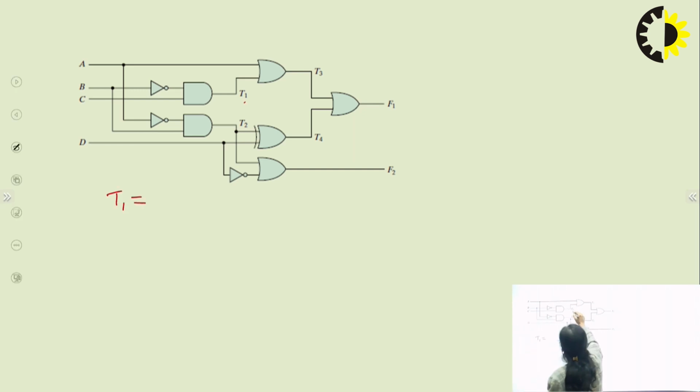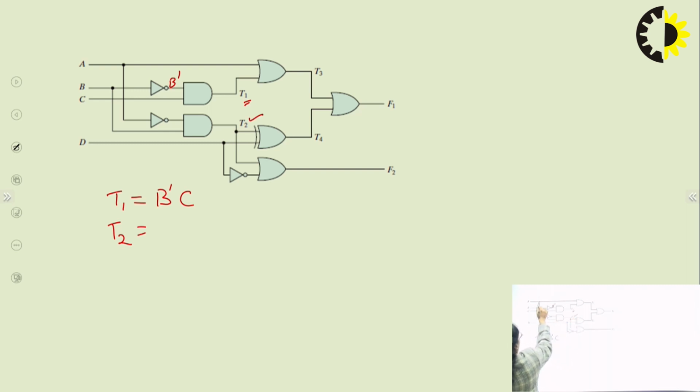T1 is nothing but B dash, the inverted version, ANDing with C. Then for T2, it is A dash and B. For T3, it is A ORing with T1.